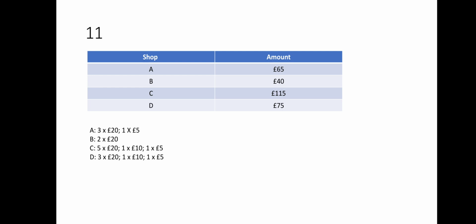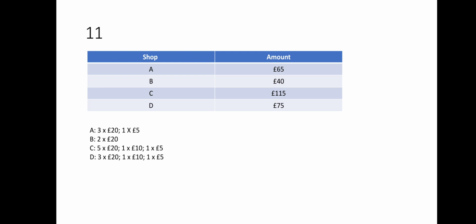So if we take shop A, for example, we can get up to £60 by using 3 £20 notes, and then one £5 note for the remaining £5. For shop B, £40 can be achieved by using 2 £20 notes. For shop C, you can reach £100 by using five £20 notes, and then the remaining £15 can be achieved by using one £10 note and one £5 note.